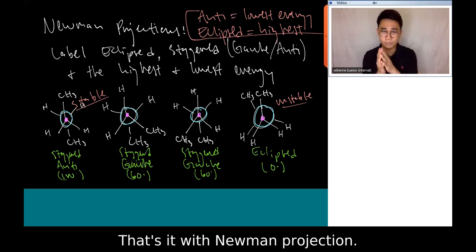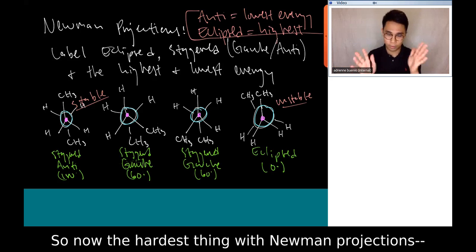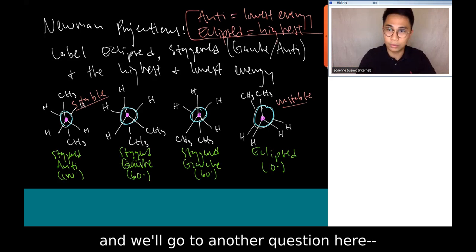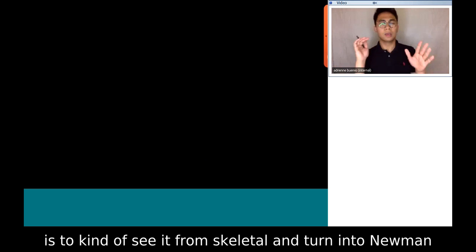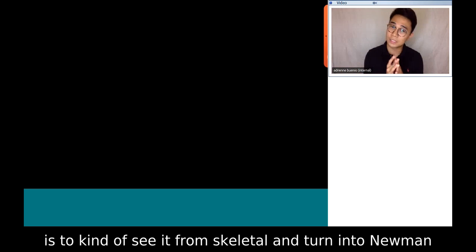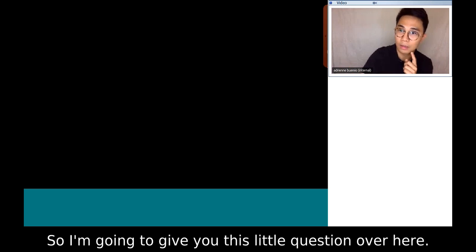Okay. So now the harder thing with Newman projections, and we'll go to another question here, is to see it from skeletal and turn it into Newman and vice versa. So I'm gonna give you this little question over here.